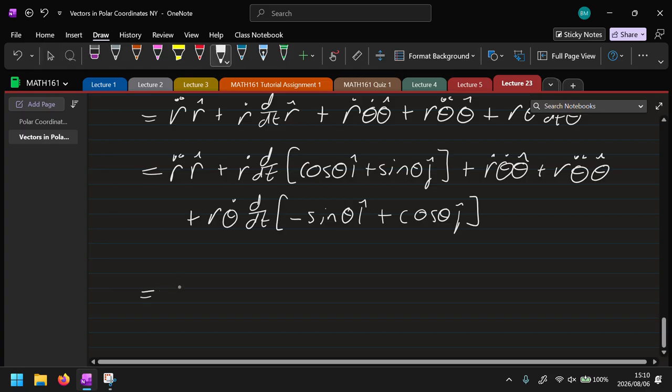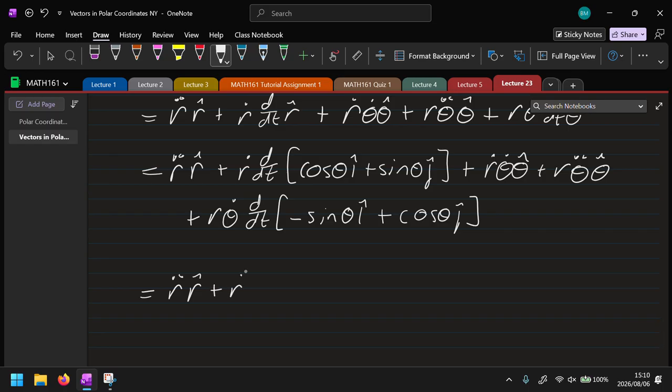So this is going to be r double dot r hat plus r dot. Okay. Now again, it's cos of theta of t, so chain rule. So it's going to be minus sine theta, theta dot. Plus sine of theta of t, so it will be cos theta, theta dot. Okay, these other two, we're just going to keep.